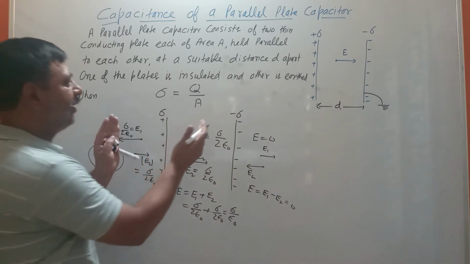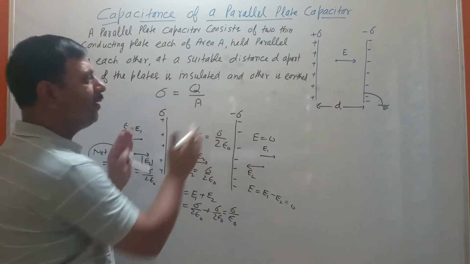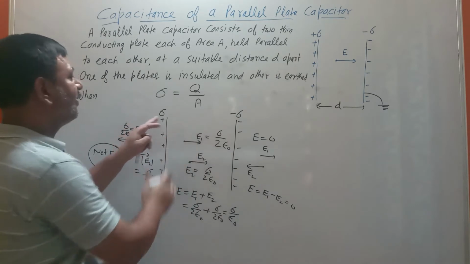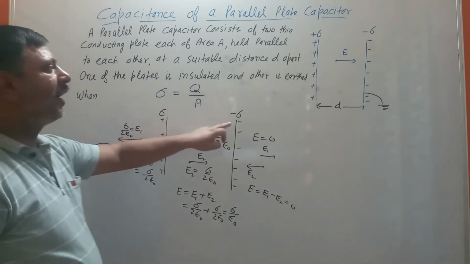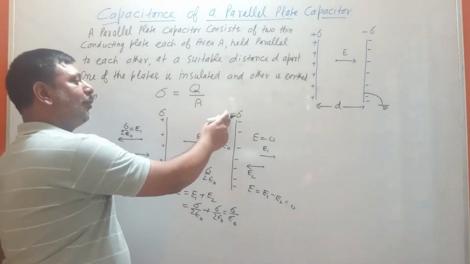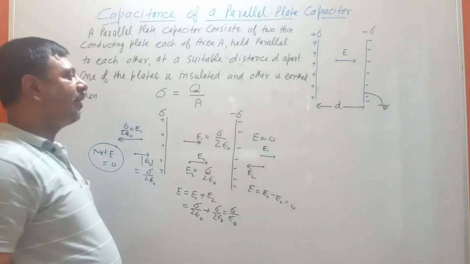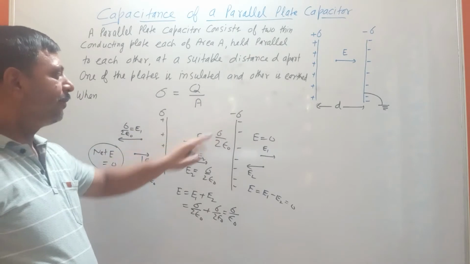Remember, if you take two plates, charge one plate and insulate it, and the other is earthed, then due to induction there will be the same charge density, negative.